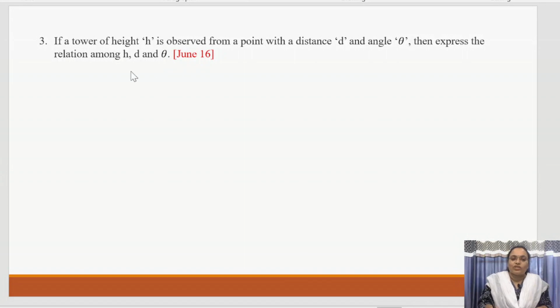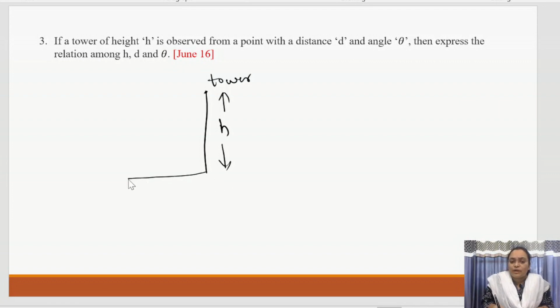See the next question. If a tower of height h is observed from a point at a distance d, this is the tower with height h, and this is the distance d.